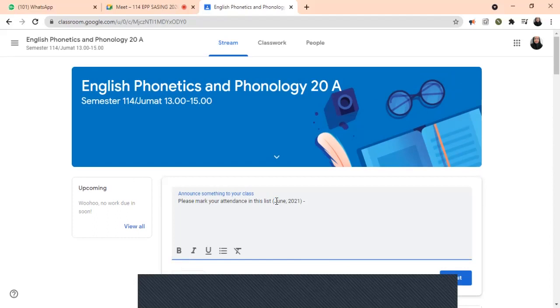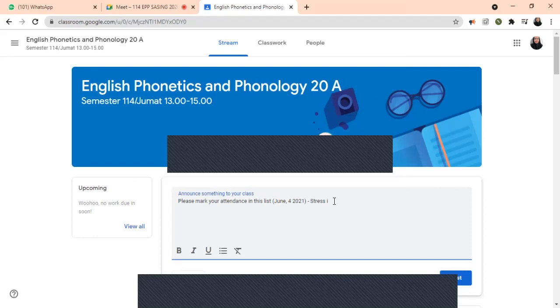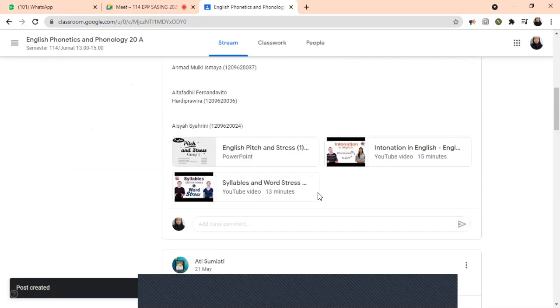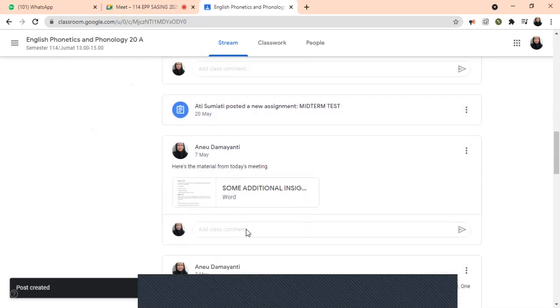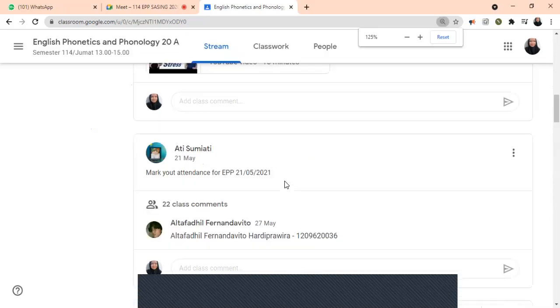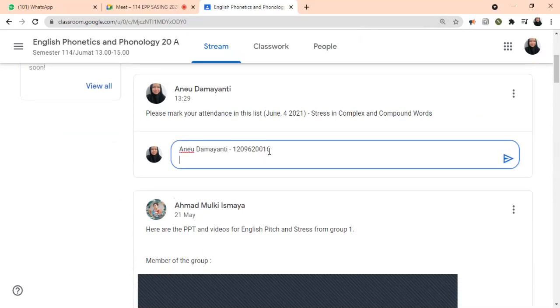And then, the affix may affect the stress placement of a word in three ways. The first, the affix itself is where the primary stress is placed. For example, in circle, the stress is in the first syllable, and if you put an affix on it, like in semicircle, the stress is still on the first syllable.